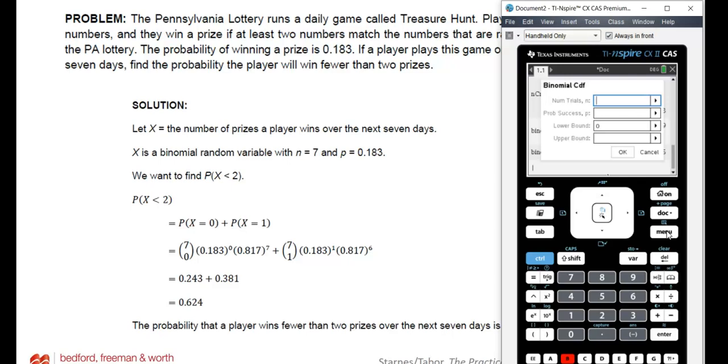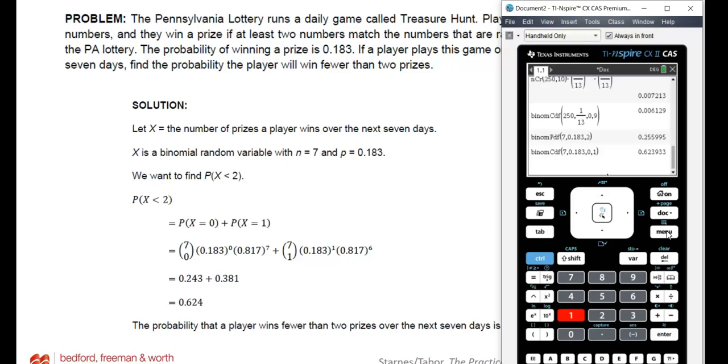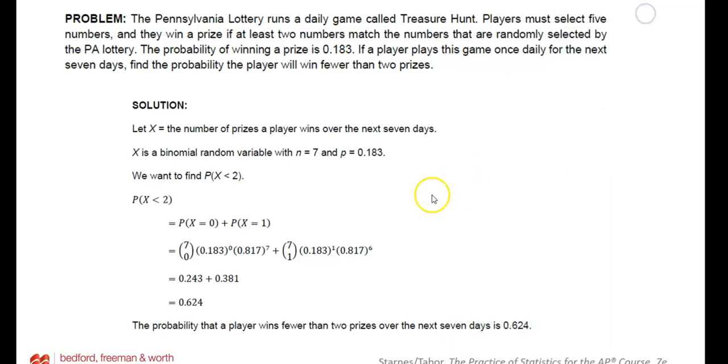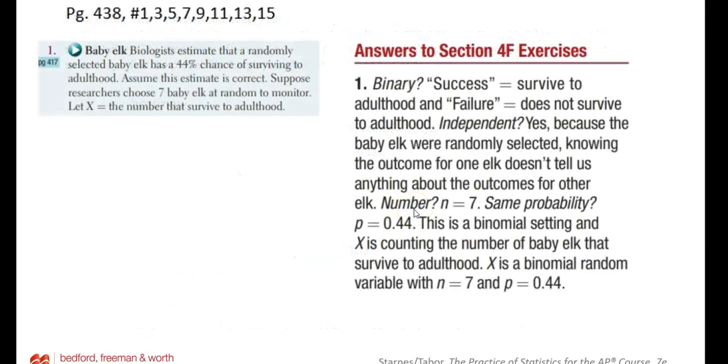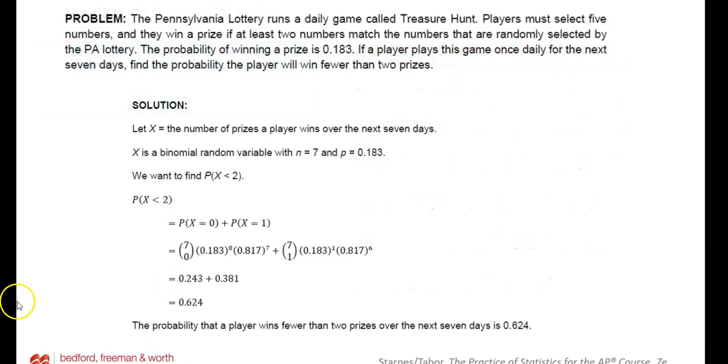And so N is number of trials, 7, and probability 0.183. Lower bound would be 0, upper bound would be 1. And that should work, you should get it as well. So the shortcut, never taught you that in Algebra 2, but it's super nice.